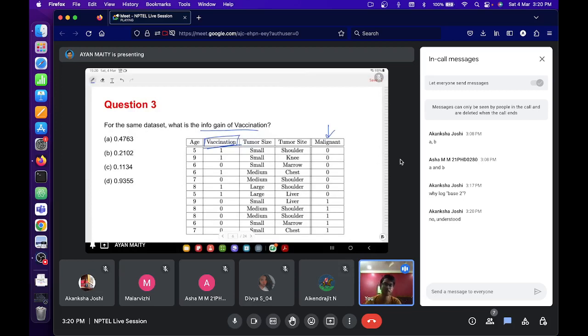How do we compute this information gain for a given variable? Can anyone tell me?